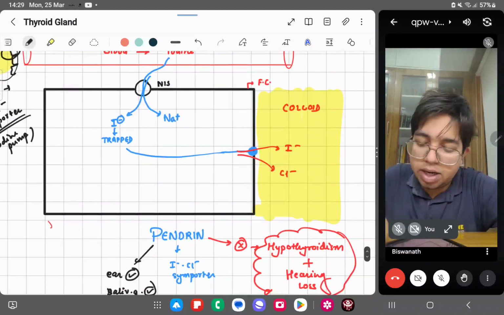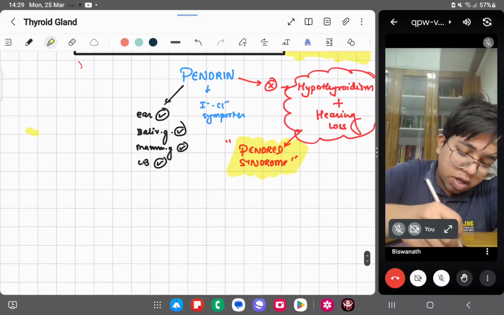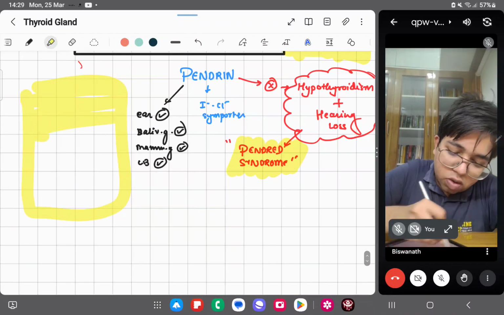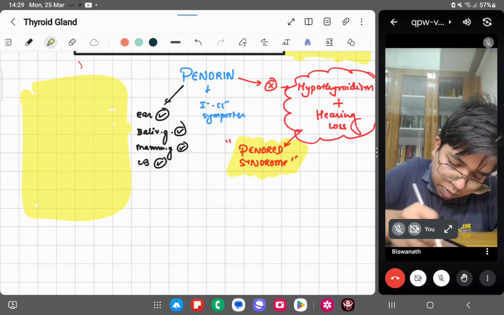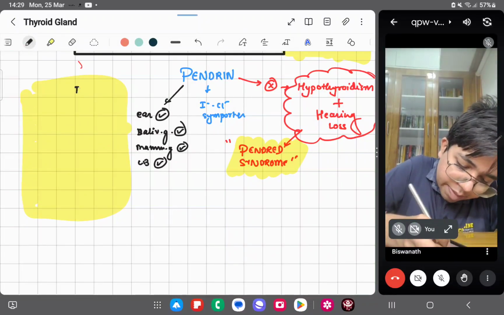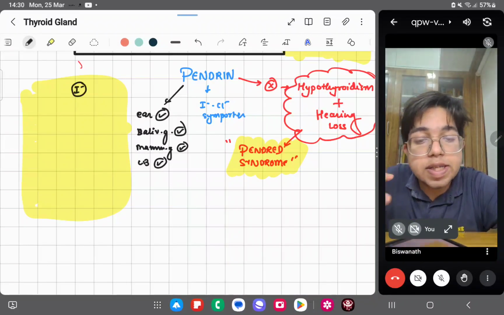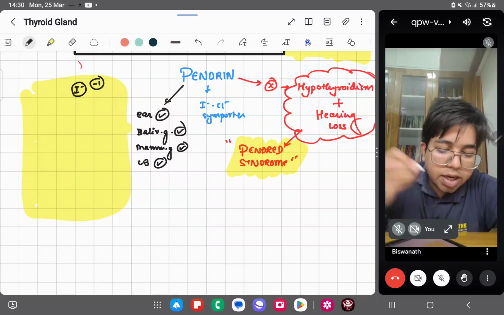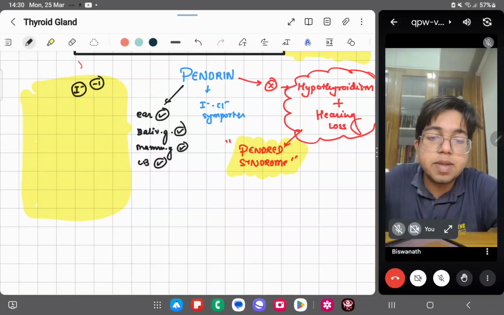Let's come back. So in the colloid, this I minus came. Let's now draw the colloid again. This is a colloid. What is happening in the colloid? Pay attention. I minus came. I minus will be oxidized. It's in the -1 state, so there will be an increase in oxidation state, to 0.